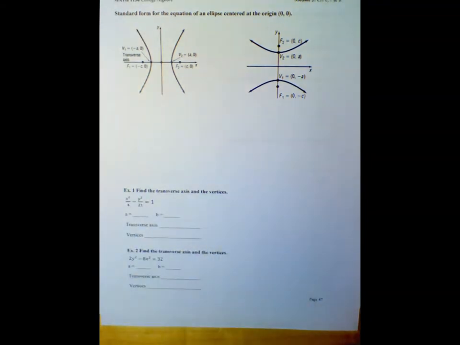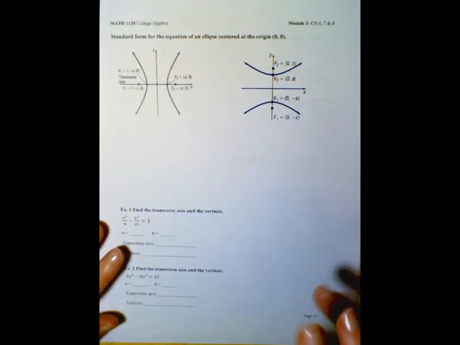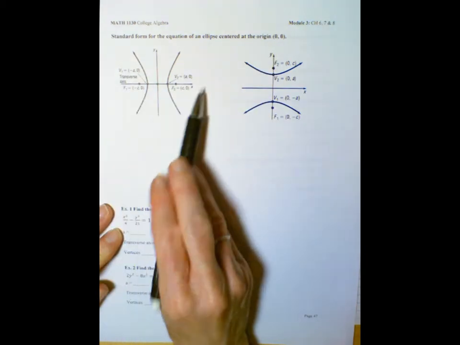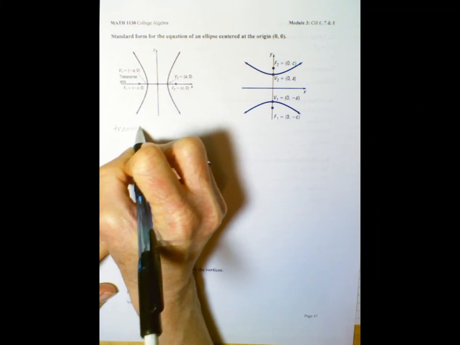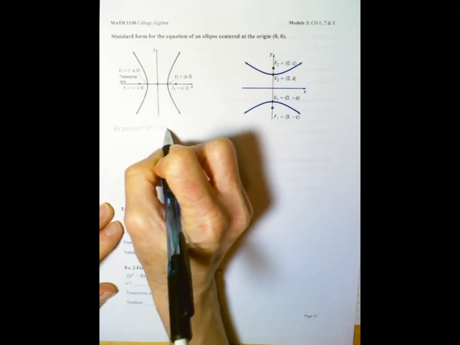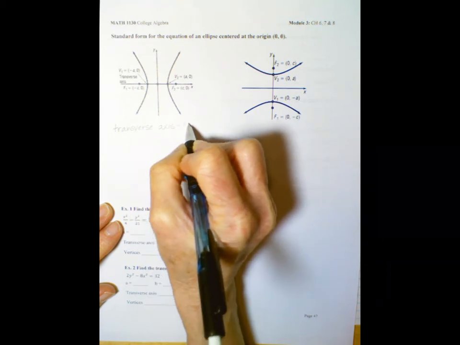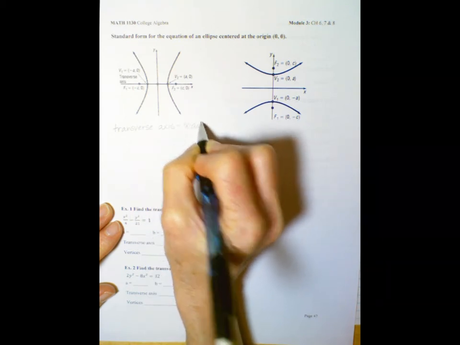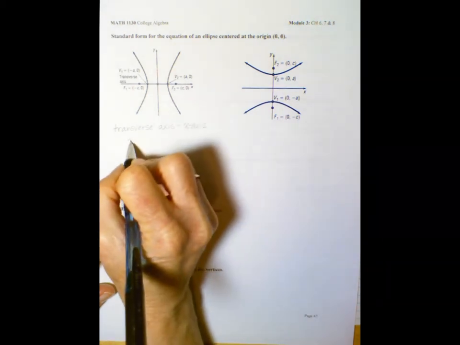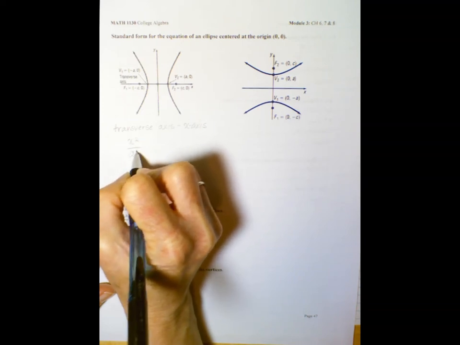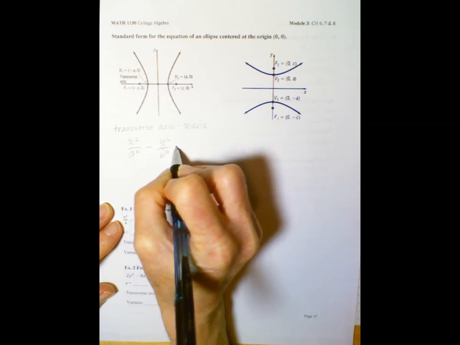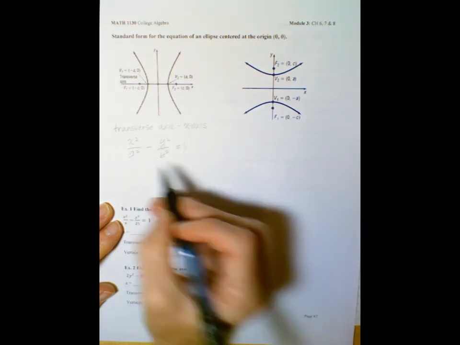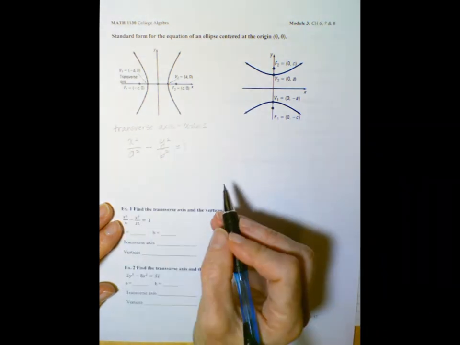So here are our two cases. We are centered at the origin. This is the one we just saw, where x is the transverse axis. That's this one. The equation is x squared over a squared minus y squared over b squared equals 1. So remember, it had the difference in the definition.